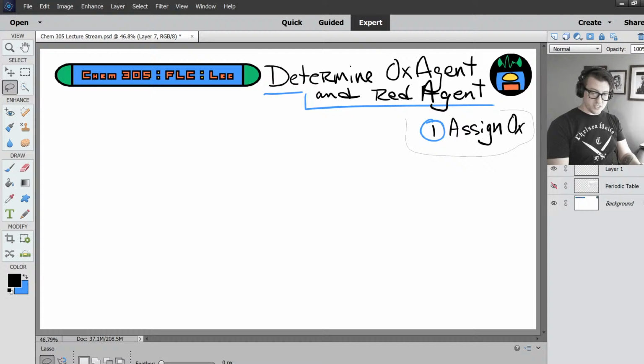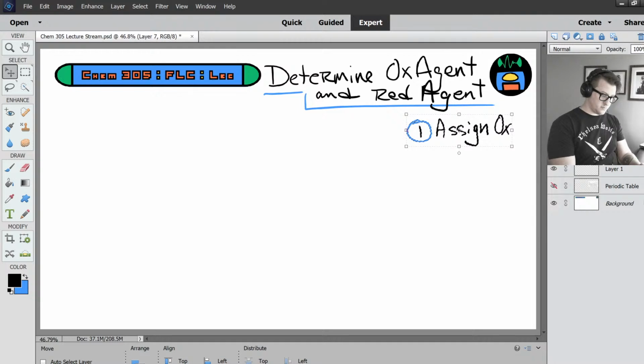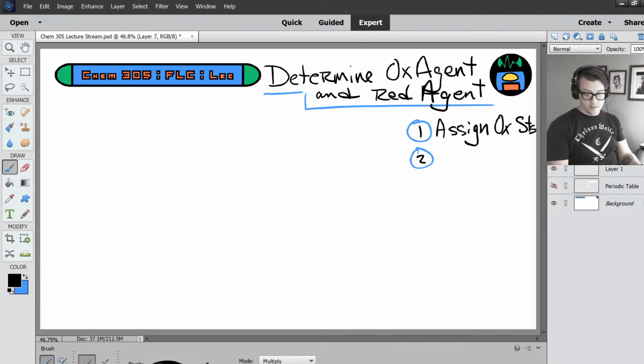So step number one is determining what the oxidation states are for everything in the reaction. Step two, find the atoms that are oxidized and reduced.